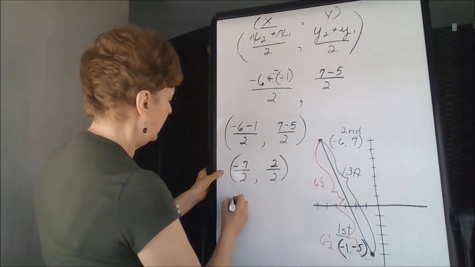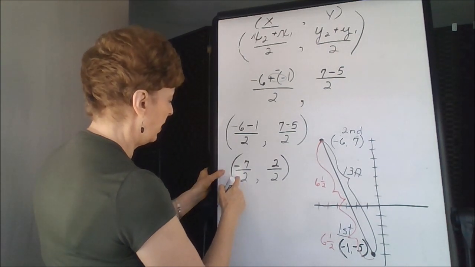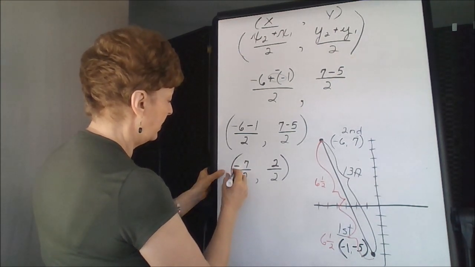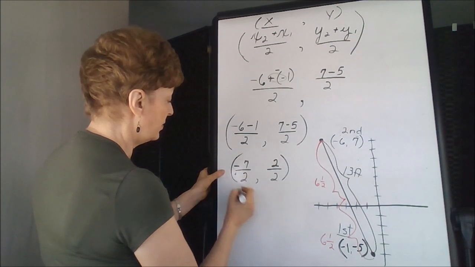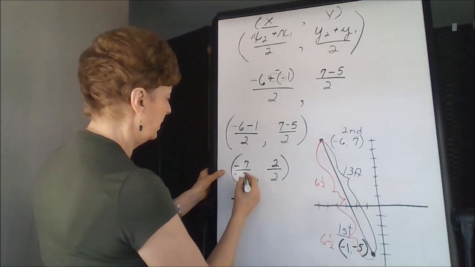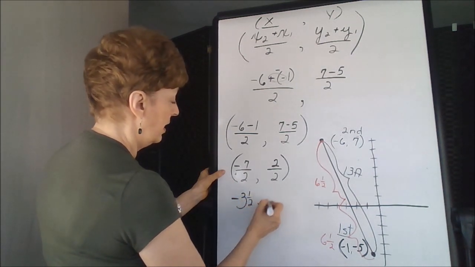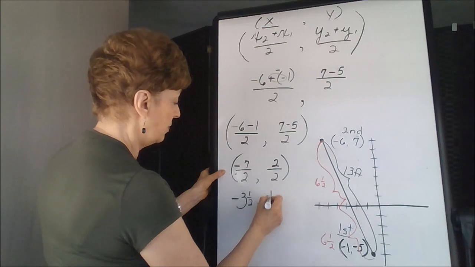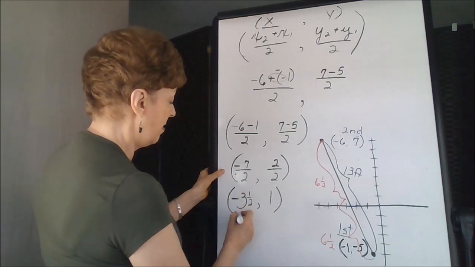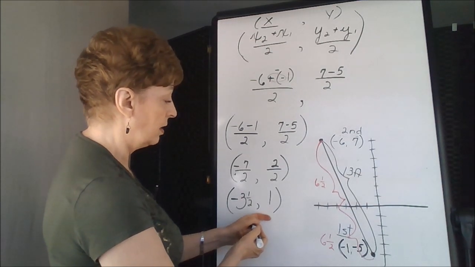Simplify. When we have a division problem, this is a negative, that one is an understood positive. The signs are different, so the sign of the answer is going to be negative. 3 1/2, and 2 divided by 2 is 1. So our ordered pair for the midpoint is at -3 1/2, 1.